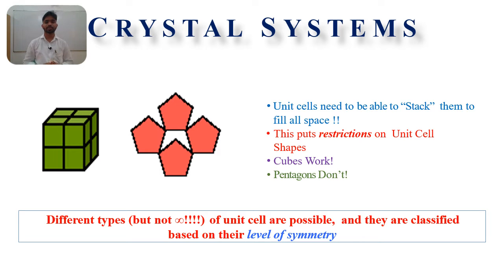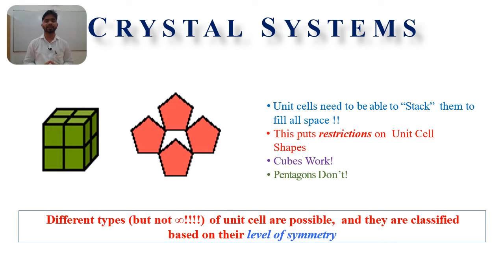Crystal systems are made by stacking the unit cell in space. If you need to stack a unit cell in space, this puts restrictions on the shape of the unit cell. So a cube works. A pentagon cannot work because you cannot arrange pentagons in such a manner that they completely enclose the space.